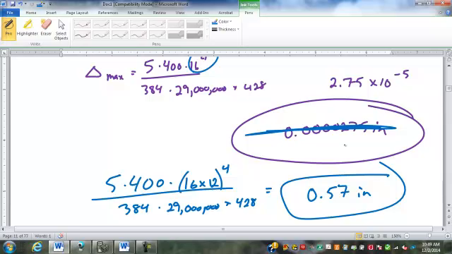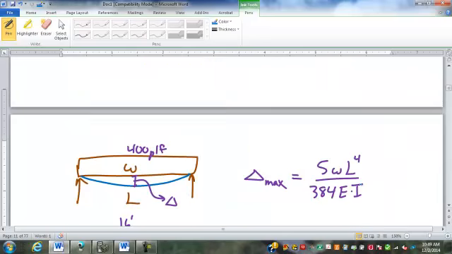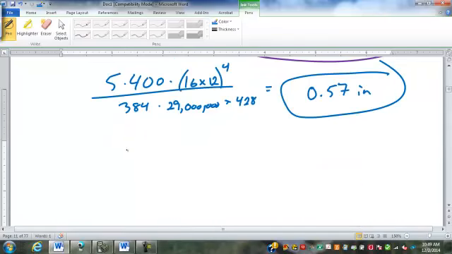Now, is that allowable? Well, we need to check. This was a 16-foot span, so it's going to be 16 times 12. We didn't really give an application. Let's assume this is an L over 360 application.